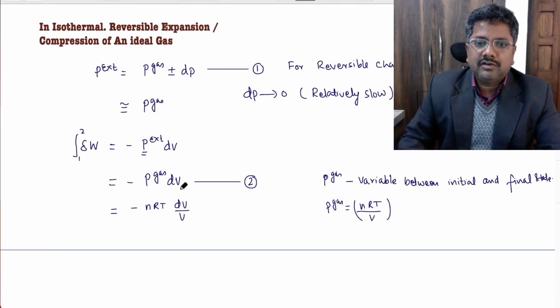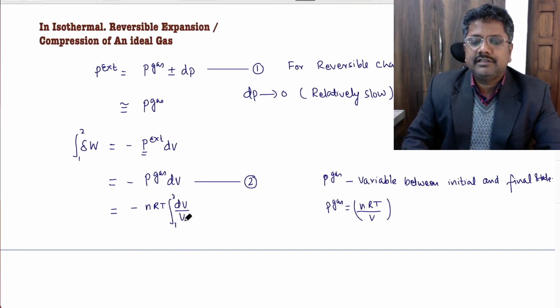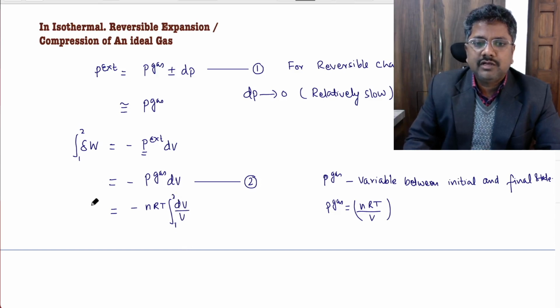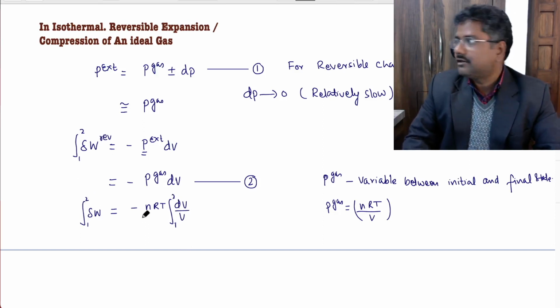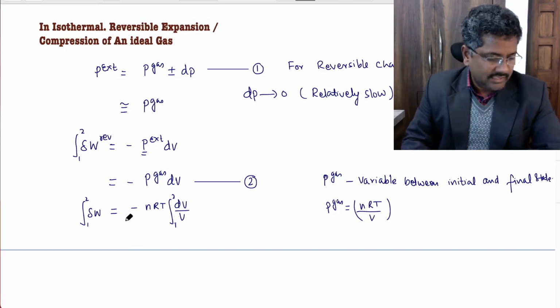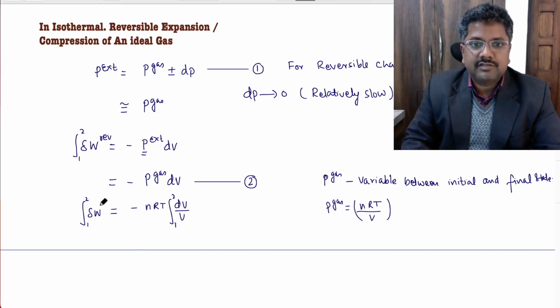So now your equation can be integrated between these two states. So this delta W 1 to 2 reversible, and the integration of this is simply W reversible.